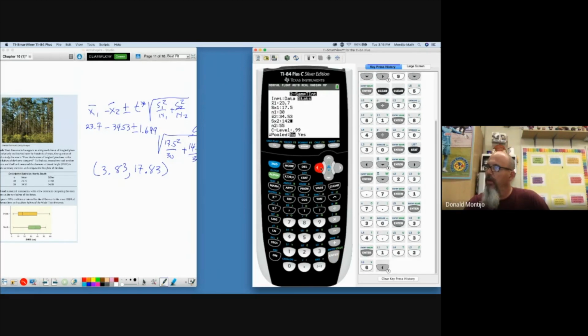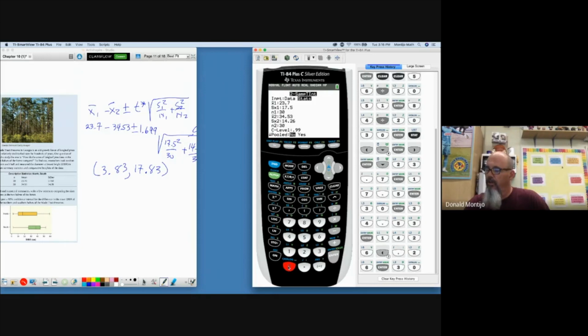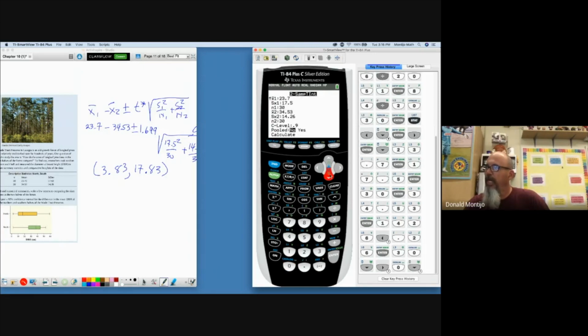Oops, my decimal point didn't go in there. 0.26. And my second sample was of size 30. How confident do we want to be? We want to be 90% confident. We never, ever pool our data. So always make sure it says no when they ask us to pool. And then we hit calculate.